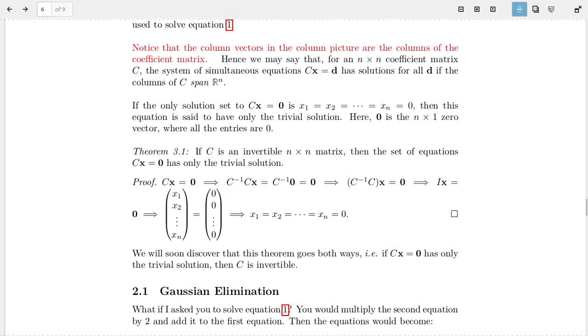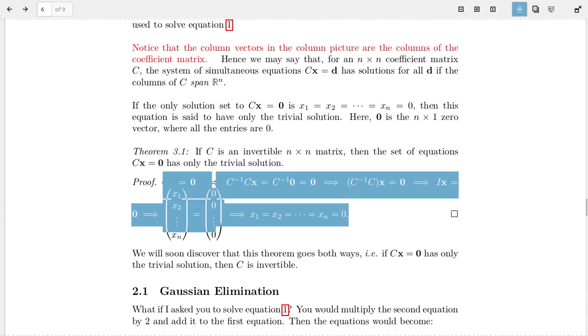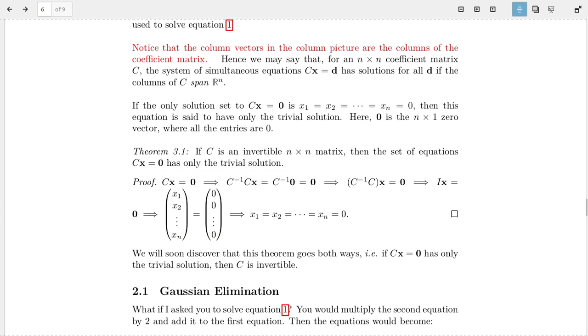C inverse times the zero vector is going to give you the zero vector, because all the entries of the zero vector are 0. So C inverse C is I, and Ix equals 0, where I is the identity matrix with the correct dimension. So this gives you x1 all the way to xn equal to the zero vector, that gives you the trivial solution only.